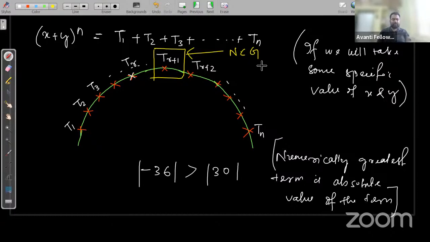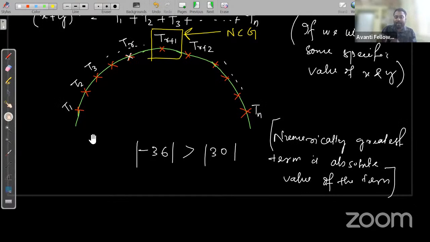So the simple thing is, if T r plus 1 is the numerically greatest term, how can we find it? You can observe the figure and say, first, T r plus 1 is greater than or equal to T r. This is my first case. The second case is T r plus 1 is greater than or equal to T r plus 2.